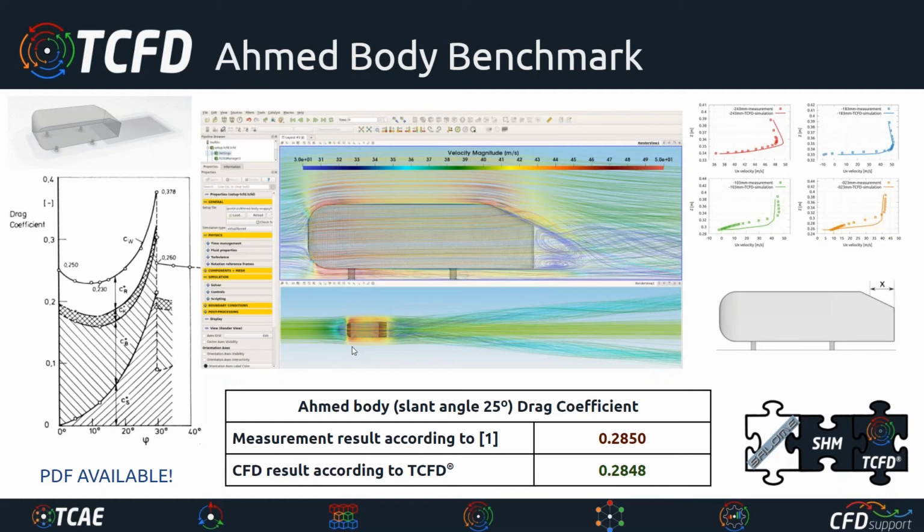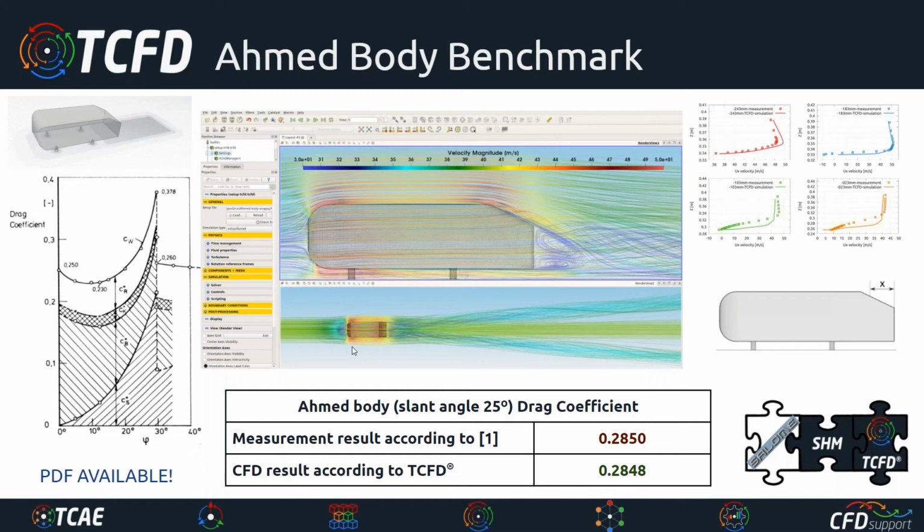The aim of the benchmark validation was to evaluate the TCFD results and compare the results with the measurement data. The particular goals of this benchmark were to compare the drag coefficient, the velocity profiles, the velocity field, and the time averaged wake structure behind the model.